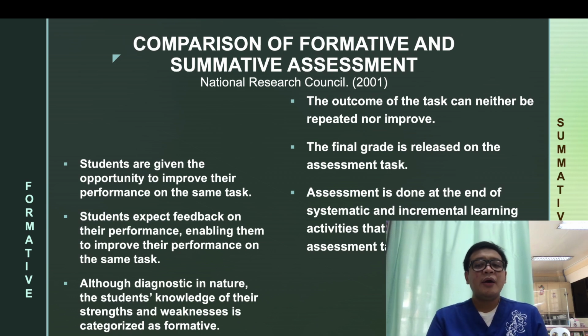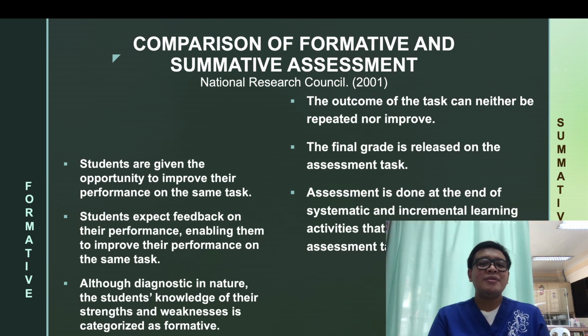On the other hand, summative is more about the outcome of the task, which can neither be repeated nor improved. At the same time, a final grade is released on the assessment task. And lastly, assessment is done at the end of systematic and incremental learning activities that have formative assessment tasks.